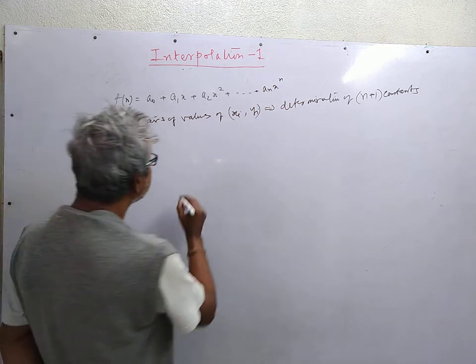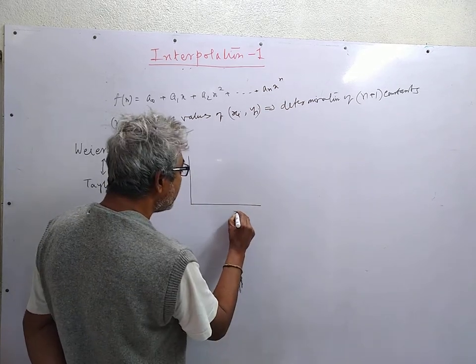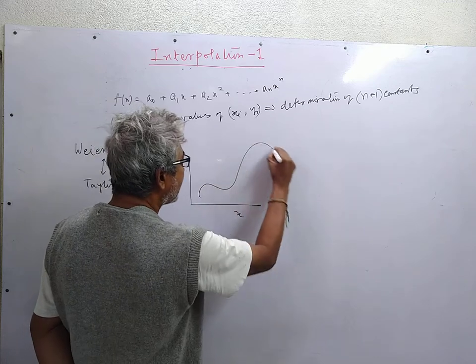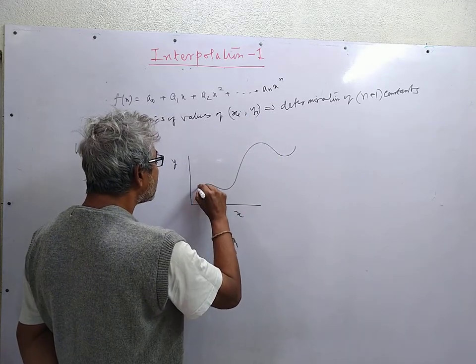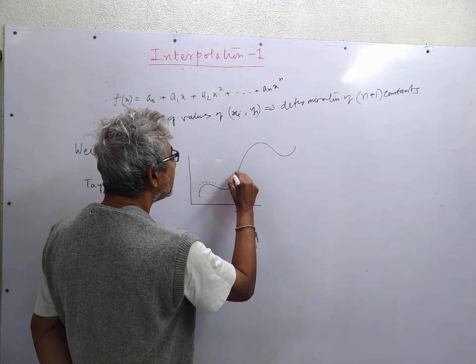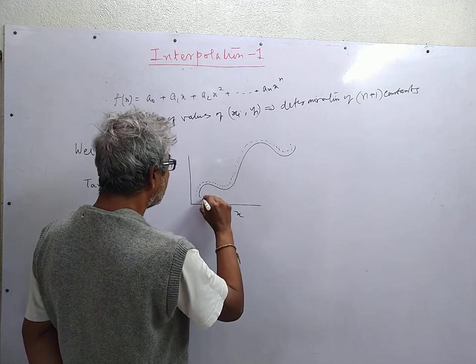Let me explain the curve. Say this is the y versus x curve, and this is the actual nature of the curve, and we approximate the function by a polynomial which is called phi n.